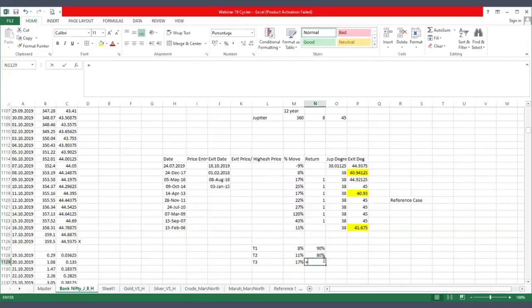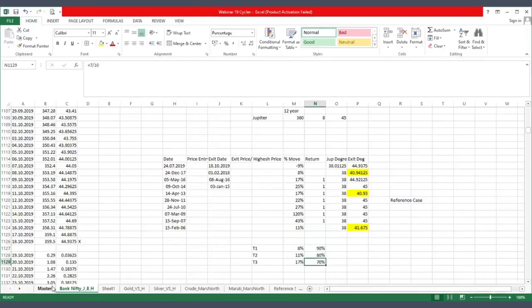So getting this target is 7 by 10, which is 70%. So this is a new metric which we are understanding. Not only the target we are seeing, we are also seeing the probability to get this target. The probability to get 8% is 90%, and the probability to get 17% is 70%.